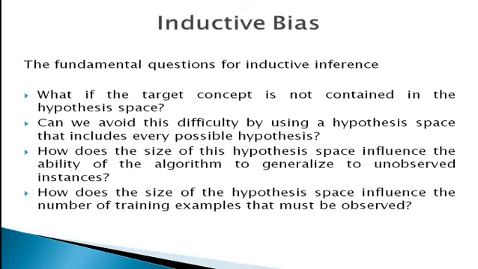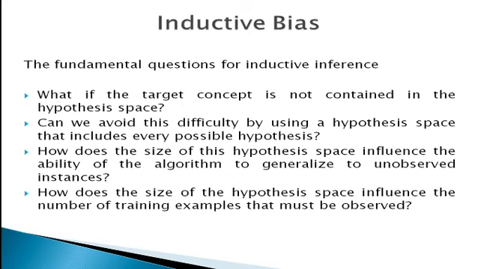The first one is, what if the target concept is not contained in the hypothesis space? The second one is, can we avoid this difficulty by using a hypothesis space that includes every possible hypothesis? The third one is, how does the size of this hypothesis space influence the ability of the algorithm to generalize to unobserved instances? The next one is, how does the size of the hypothesis space influence the number of training examples that must be observed?